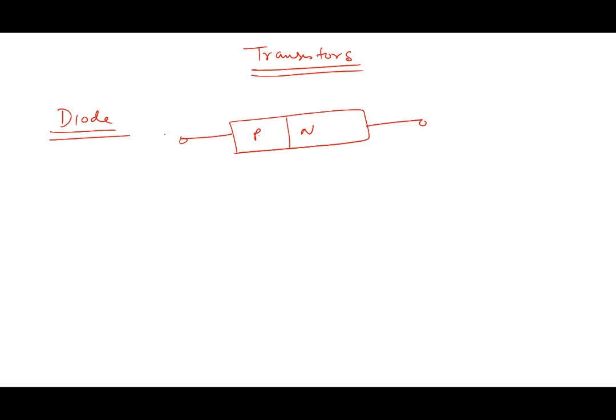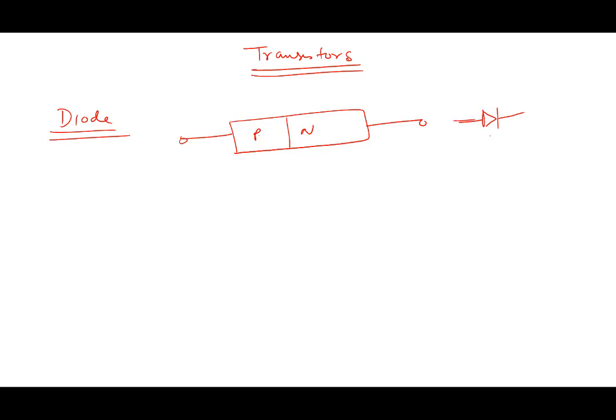So this is a circuits course, where you want to understand a diode from a circuits point of view. So from a circuits point of view, this diode whose symbol you are all familiar with, how do you look upon a diode?